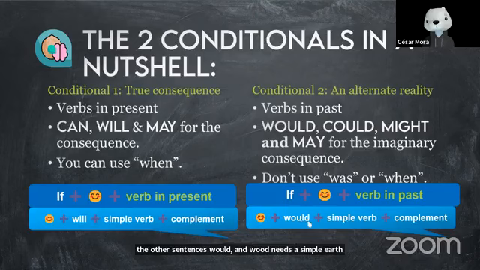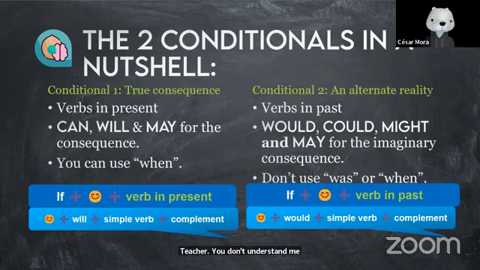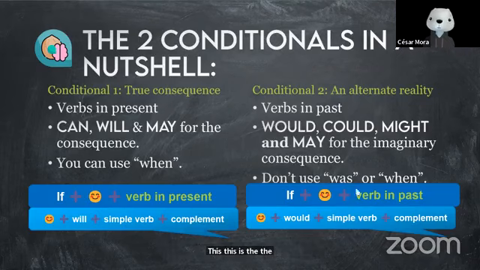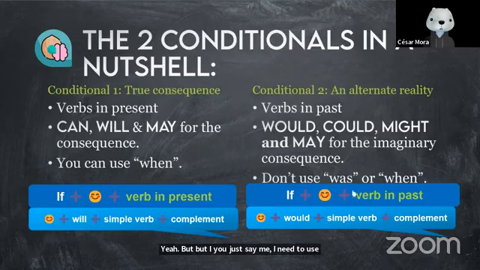Teacher, you don't understand me because in my example, I use unless I eat chocolate. This is the condition, no? Yeah, but you say I need to use the verb in past in the second sentence.